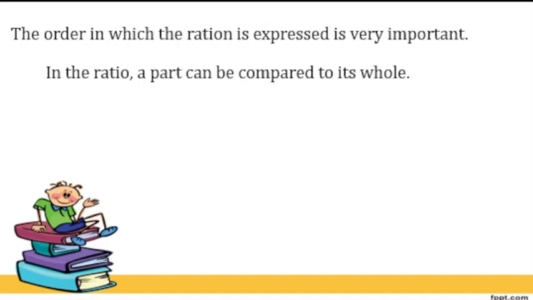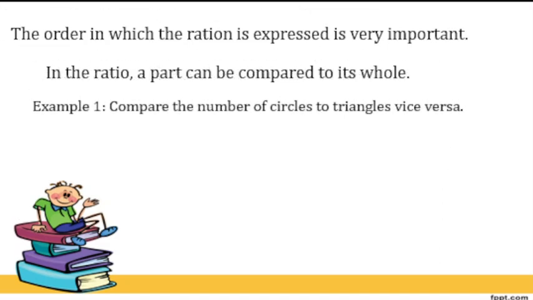Again, in the ratio, a part can be compared to its whole. Let me give you an example. Compare the number of circles to triangles and vice versa. So let's say we have these circles.